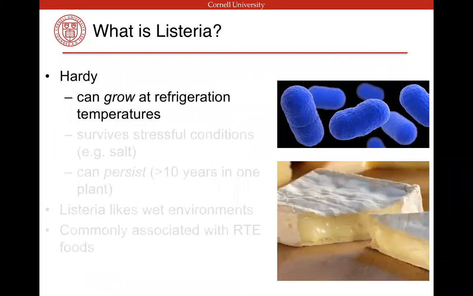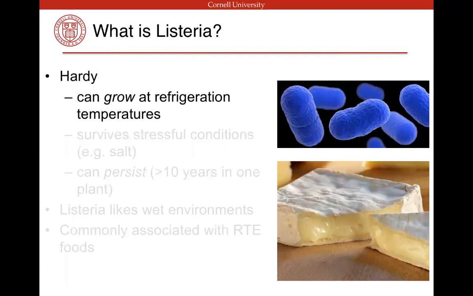It's very hardy. It can grow at refrigeration temperatures, but refrigeration is actually still considered a good way to control Listeria because it does slow down the growth considerably. But Listeria is different than other foodborne pathogens in that it can still grow, even if at slower rates, at refrigeration temperatures.